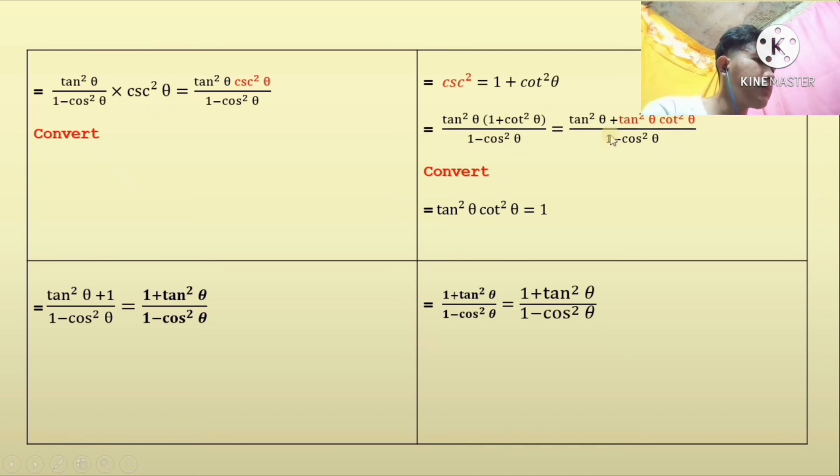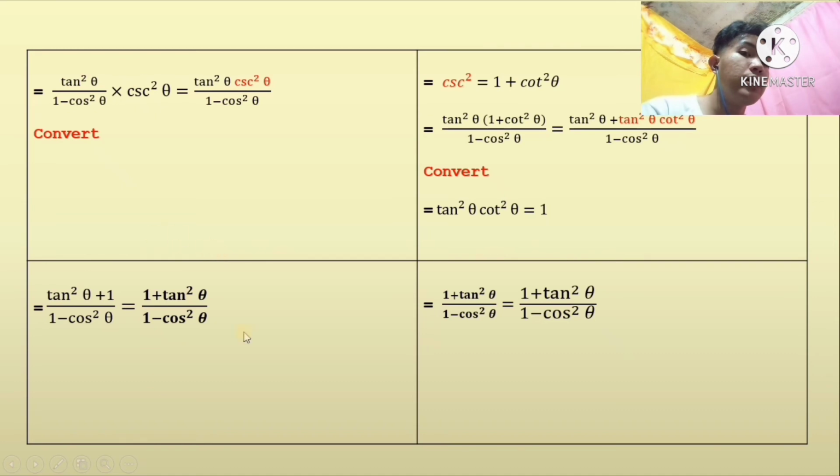So distribute. Our equation will be tangent squared theta plus tangent squared theta times cotangent squared theta over 1 minus cosine squared theta. So convert tangent squared theta times cotangent squared theta into 1. So our equation will be tangent squared theta plus 1 over 1 minus cosine squared theta. So this is our proving.